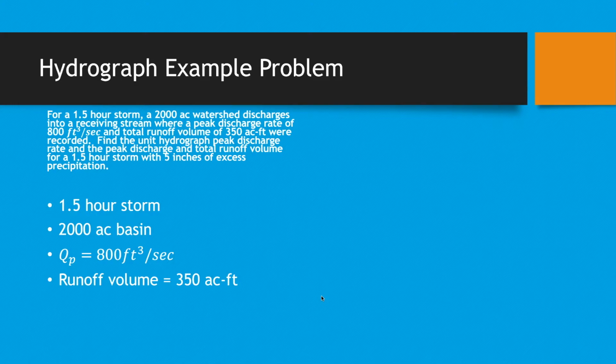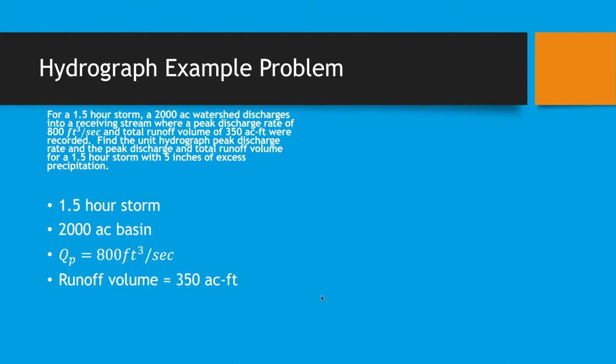Okay, well, let's jump into our example problem. In this example, we are going to be solving for some characteristics of a unit hydrograph and then using that to predict similar characteristics of a different storm event, basically.